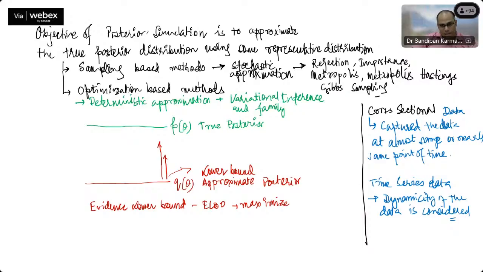I'm not going into the derivation, I'll just use the final expression. The derivation is also very interesting, but it is not needed right now. So we'll use this final expression.